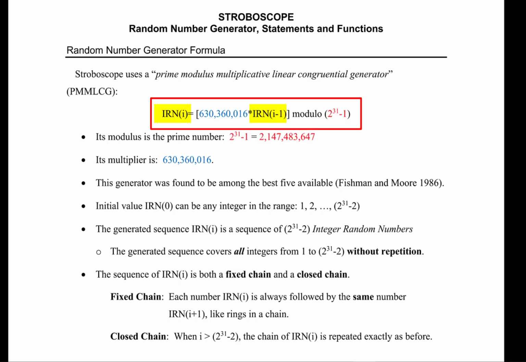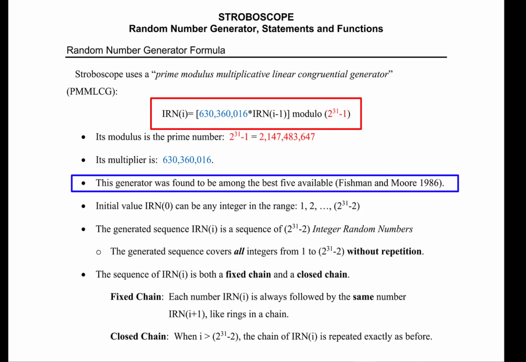The result of this formula is the next integer random number. The new integer random number then becomes the input to the formula, which produces the next integer random number. This process then continues to produce a sequence of integer random numbers.